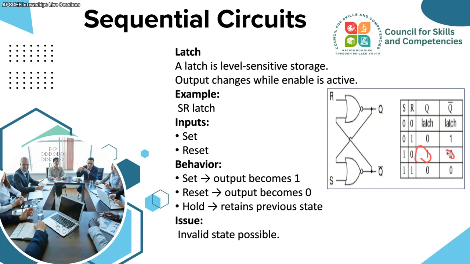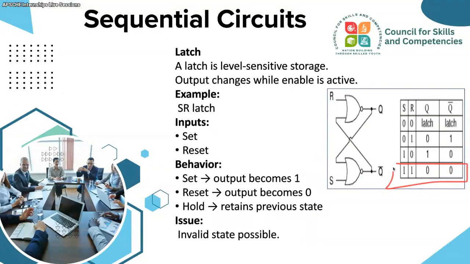This is the output. Now there is a problem. Till this combination, it is good, no problem at all. But when we try to give 1 1, you cannot determine the output. When Q is 0, Q bar wants to be 1, but no, you will have invalid states. We cannot predict this.